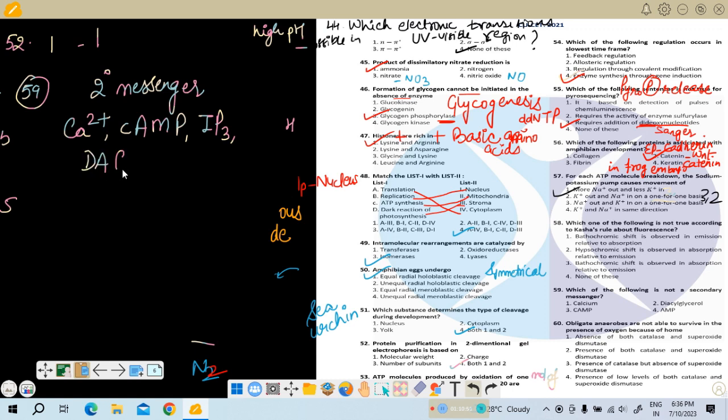DAG, diacylglycerol, is a secondary messenger. NO is a secondary messenger. cGMP is a secondary messenger. Right, so calcium, cAMP, DAG, diacylglycerol, that is there.